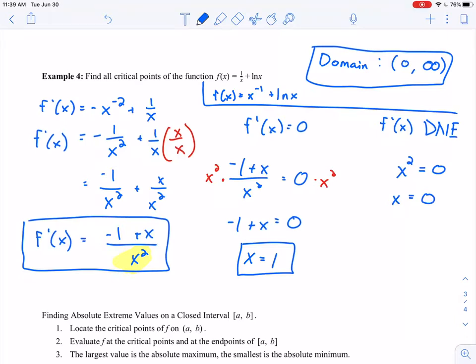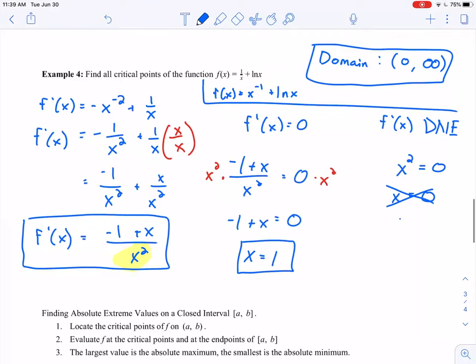Again, I need to check that this critical number is in my domain, only this time I've got a problem. 0 is not in the open interval 0 to positive infinity. That parenthesis right there on the left-hand side really means 0 is not included in the set. So 0 is not in my domain, which means that 0 is not a critical number.